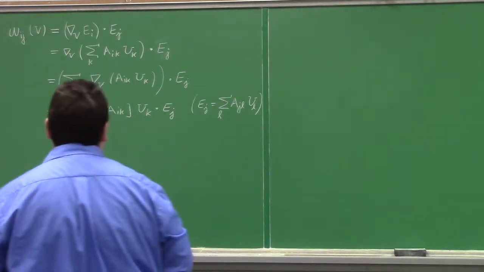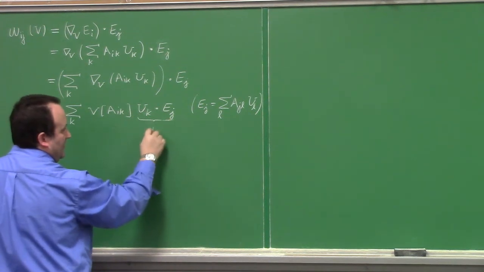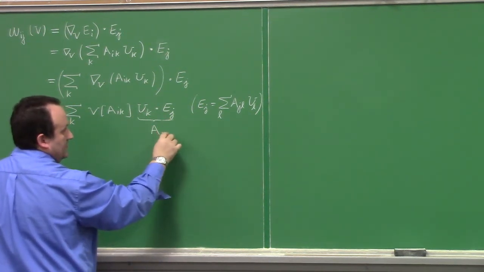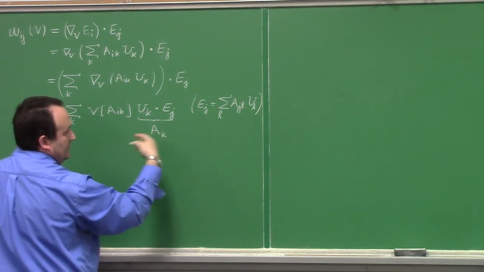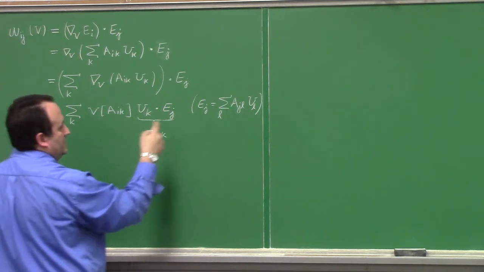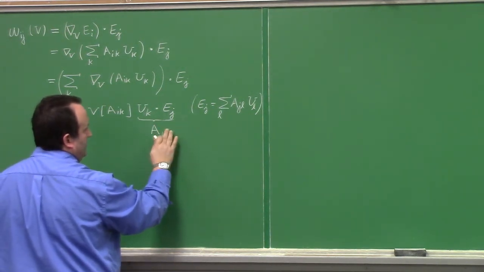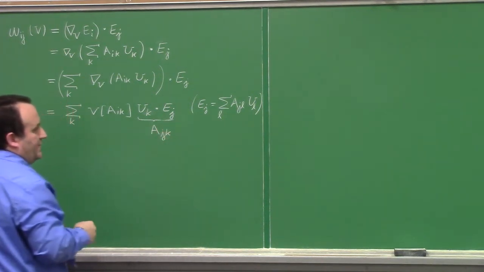Anyway, so this is straight up what? This is exactly a dot product with E_k, so a_jk, right?